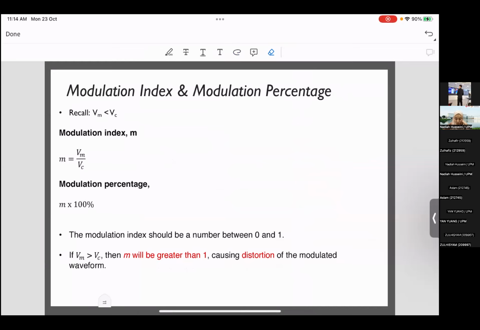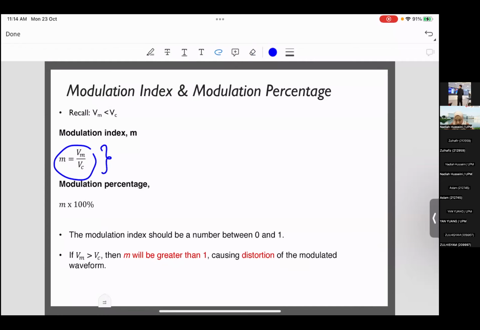Okay, so we also talked about the modulation index and also the modulation percentage. Recall that Vm needs to be less than Vc. And we have this equation. If Vm is going to be less than Vc, then M equals Vm over Vc: Vm is the top one, and Vc is going to be the denominator.